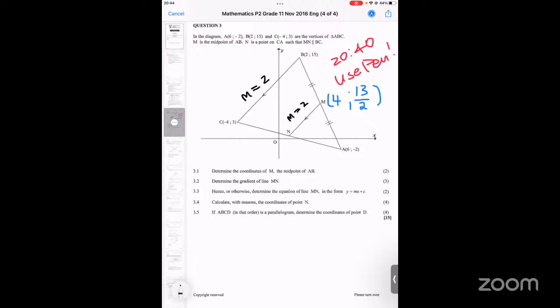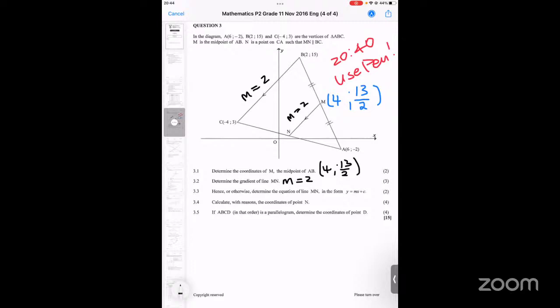When the question says hence or otherwise, chances are high that you need to use the answer you calculated above. That is what "hence" should remind you. When they say "otherwise", it means you can still use other ways to answer the question.